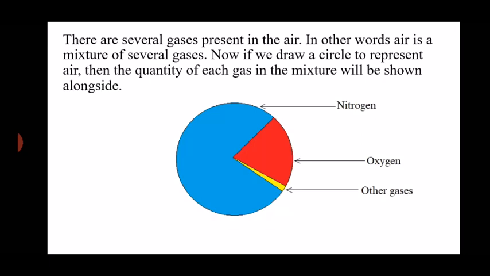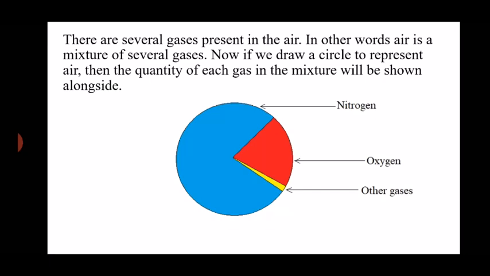Now, if we draw a circle to represent air, then the quantity of each gas in the mixture will be shown alongside. Children, have a look at this diagram. The circle represents air. Can you all see the blue portion?